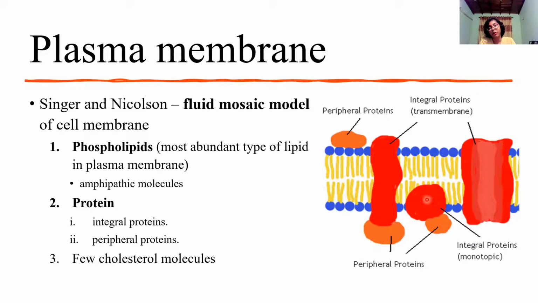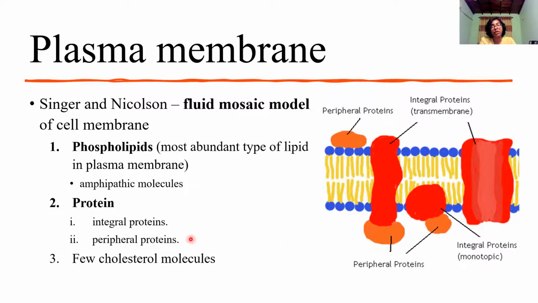And integral proteins might be fixed into one leaflet of the phospholipid bilayer. If this is one leaflet and the other layer is another leaflet, this might be in one leaflet. That means it might be in this inner leaflet or in this outer leaflet. So these are also integral proteins, but they do not span the whole cell membrane.